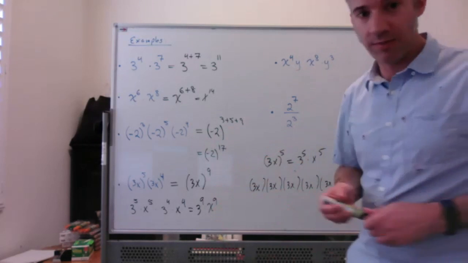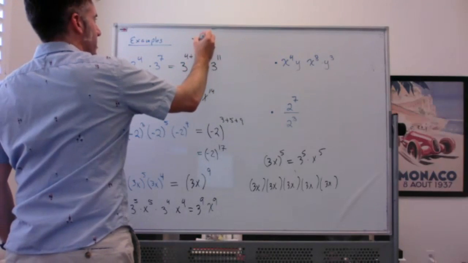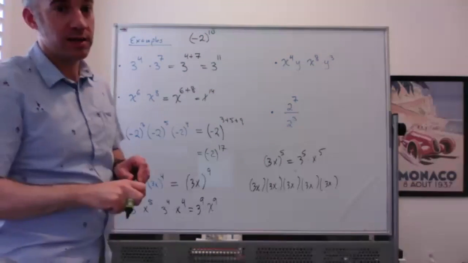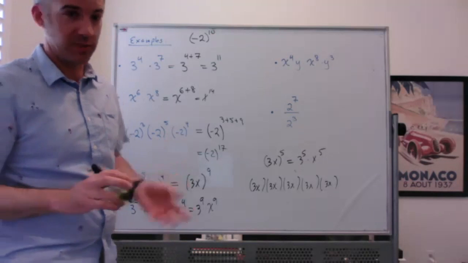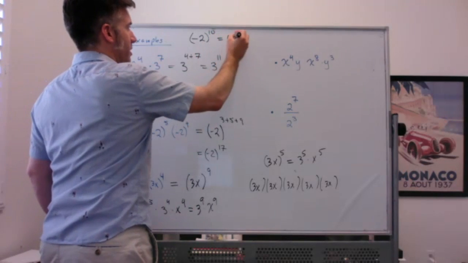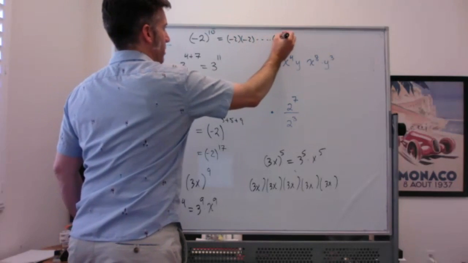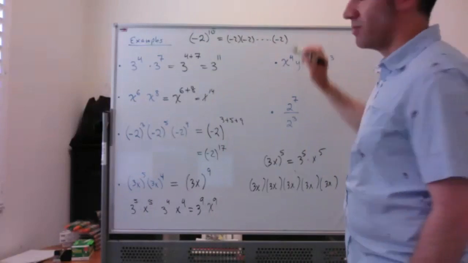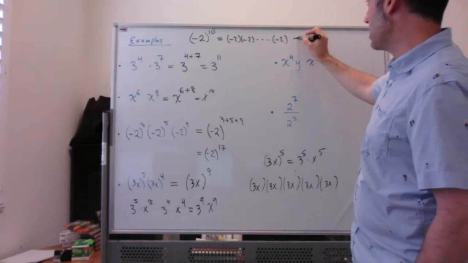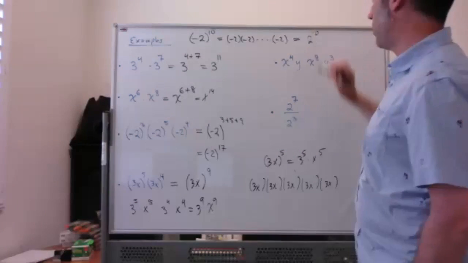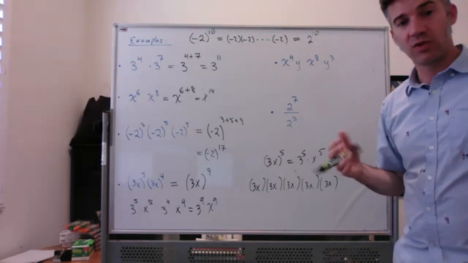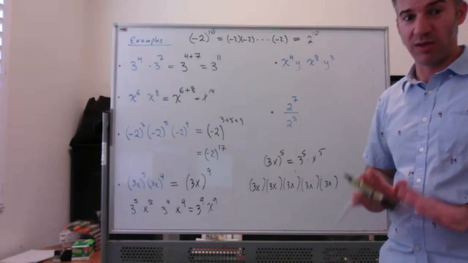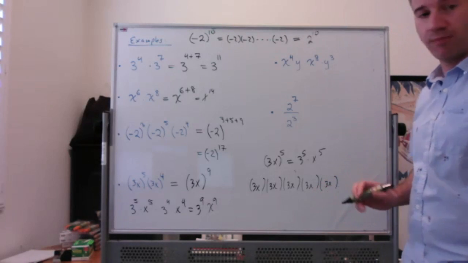But if you had something like negative 2 to the 10th power, since there's an even number of negative 2's multiplied together, that's going to be positive. So it would not be incorrect to say that this was equal to just 2 to the 10th power. But that's only true if you have negative numbers raised to even powers. And moreover, I wouldn't stress about it too much. That's probably not such a big deal.